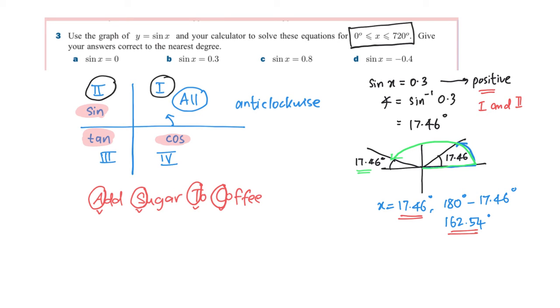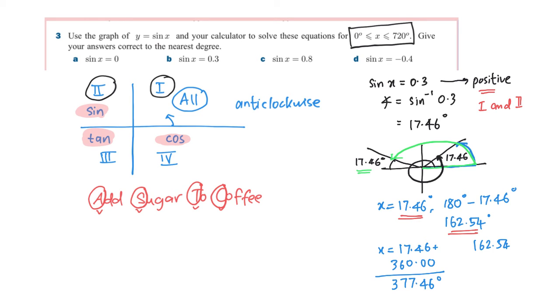Turning here and then again to reach here, the full turn we know is 360. So the next angle should be 17.46 plus 360 degrees, am I right? So the other angle should be 377.46.